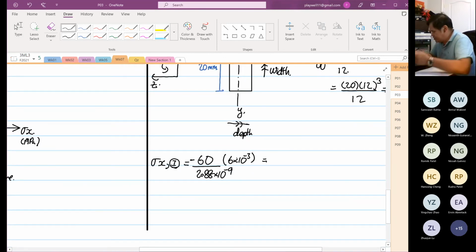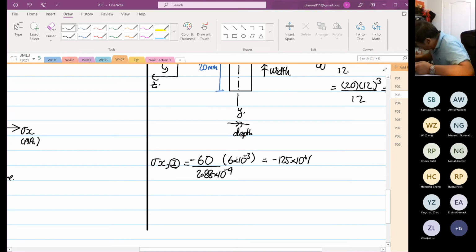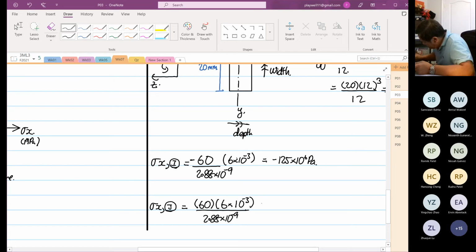So this is equal to 60 times 6 times 10 to the power minus 3 divided by 2.88 times 10 to the power minus 9, which is minus 125 times 10 to the power 6 Pascal. Likewise, stress in the x direction at point J is in tensile, so it's positive 125 times 10 to the power 6 Pascal.